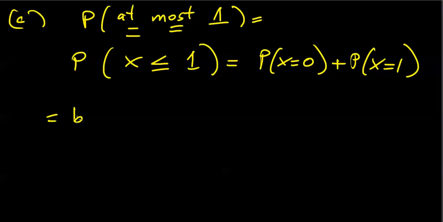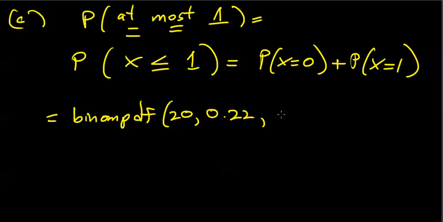Now, again, I can grind these out. Binomial PDF. We're talking about 20 houses here, with 0.22 being the probability of success, and we're looking for 0 successes in the 0 case.